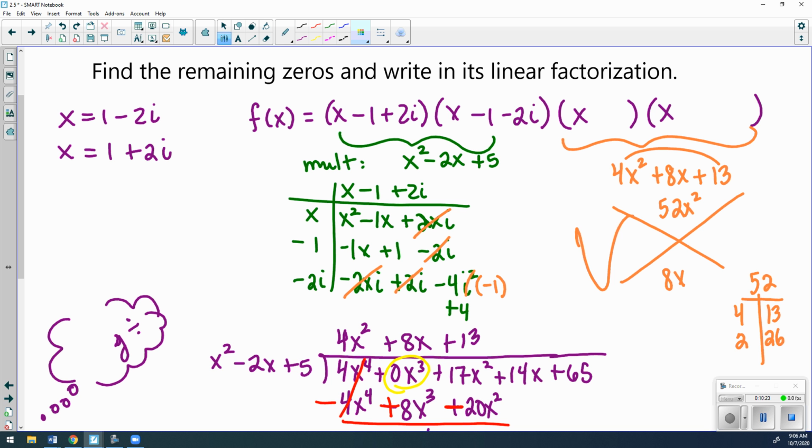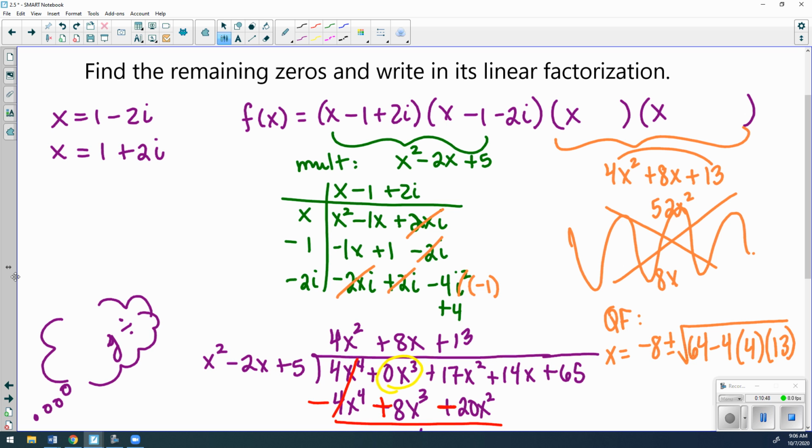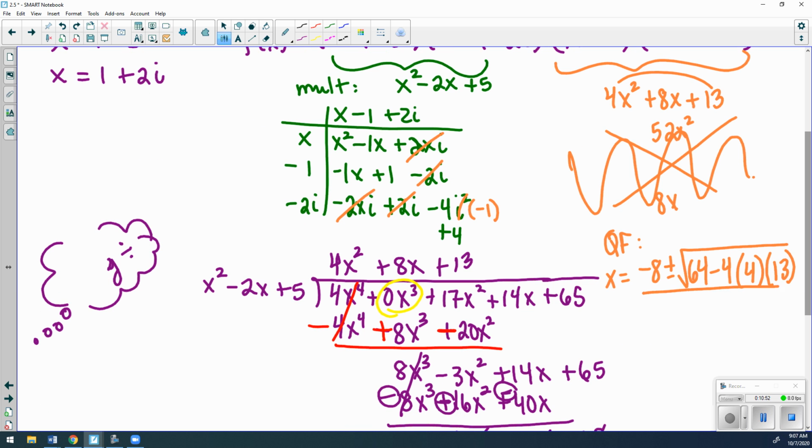So when factoring doesn't work, try the quadratic formula. x equals negative b plus or minus the square root of b squared minus 4ac, all over 2a.